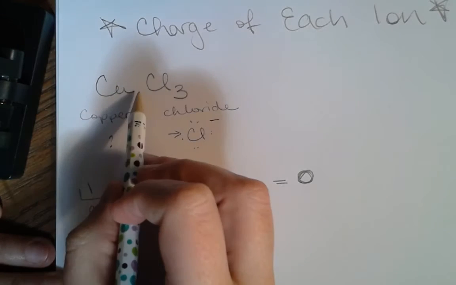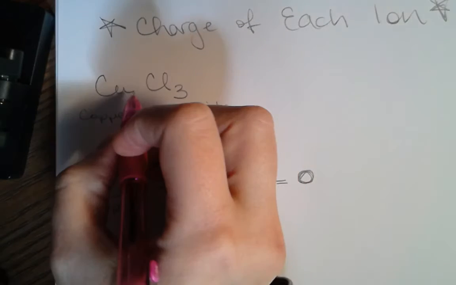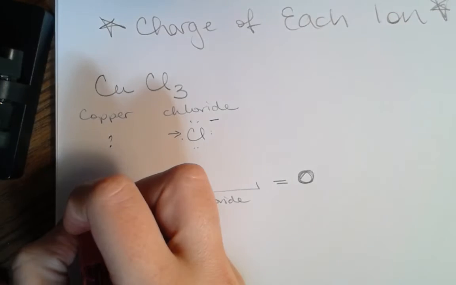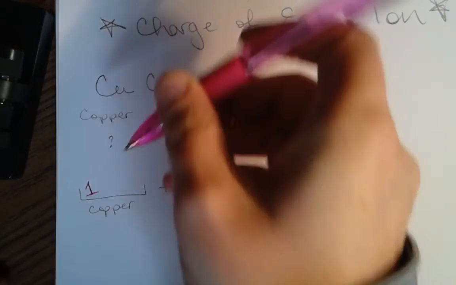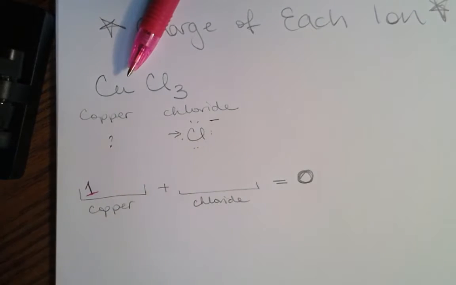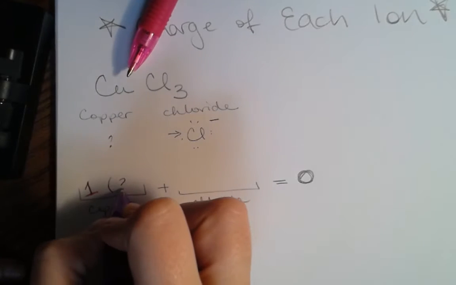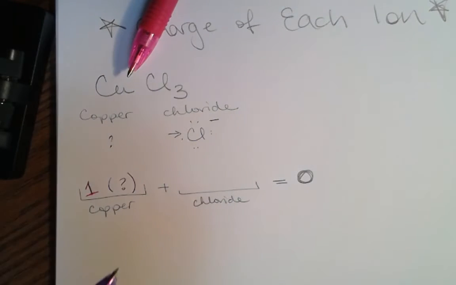I'm going to do this in color. There's no subscript, so there's an implied 1 right there. We have 1 copper ion. However, we don't know its charge. Okay, so 1 copper ion goes with this one right there, showing that we have 1 ion in our formula. But we don't know its charge. That's what we're trying to find. We're trying to find its charge.